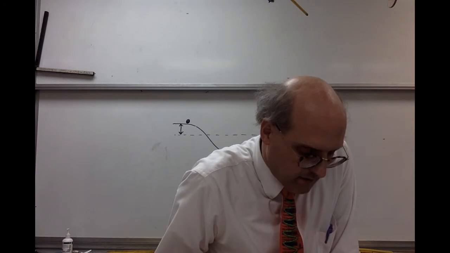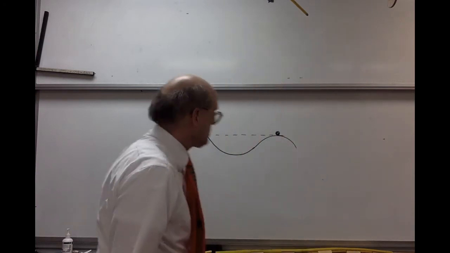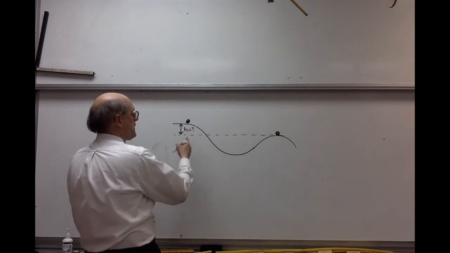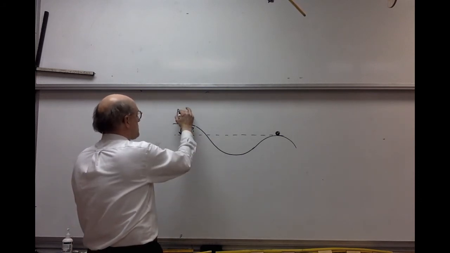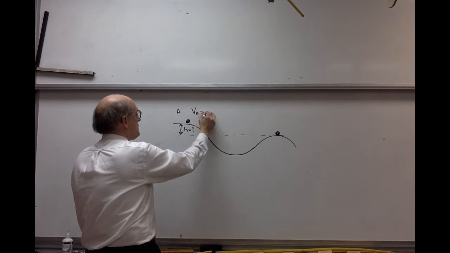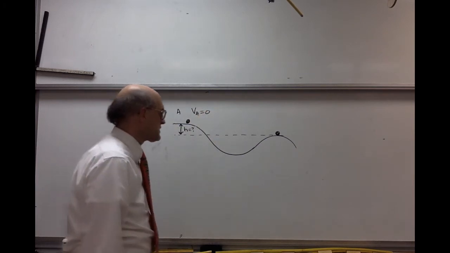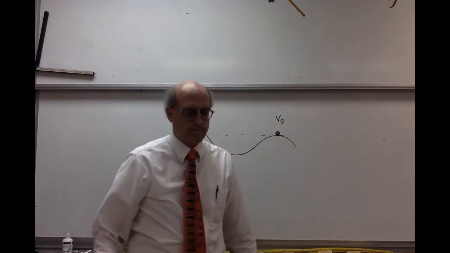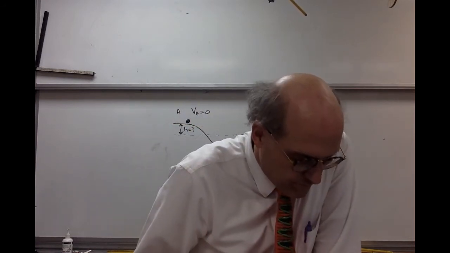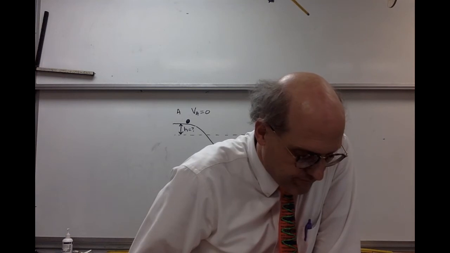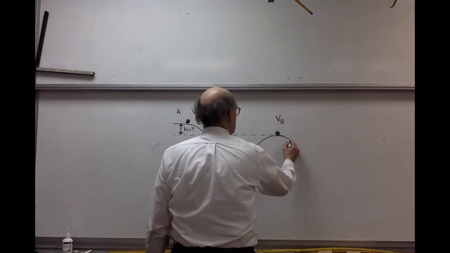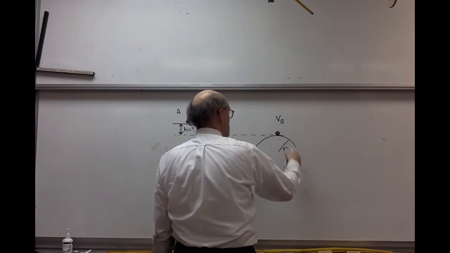So the height of the first hill is the unknown. Okay? So h is equal to the unknown. Let's call this A. V at A is 0, so the skier starts from rest. Here, VB, we don't know yet, but we do know the radius of this hill.